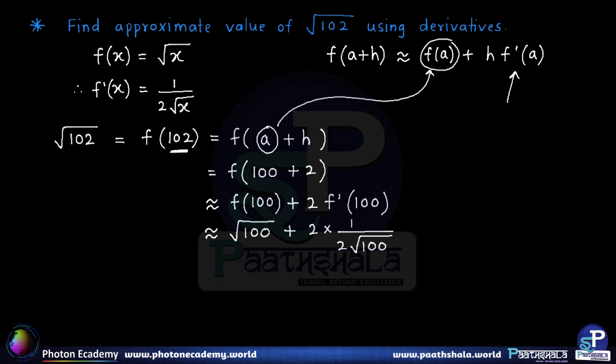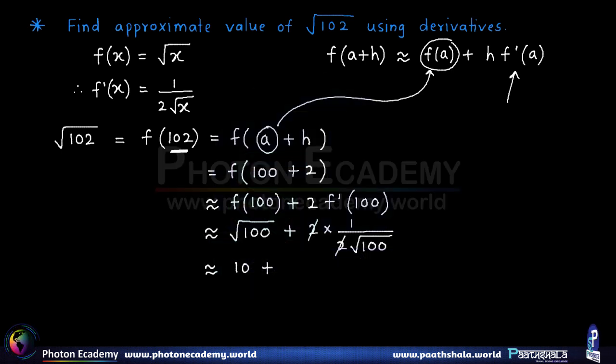So cancelling 2, root 100 is 10 plus, in the next term 1 upon root 100 is 1 upon 10, which is 0.1. So we get the final approximate answer as 10.1. So that's the approximate value of root 102.